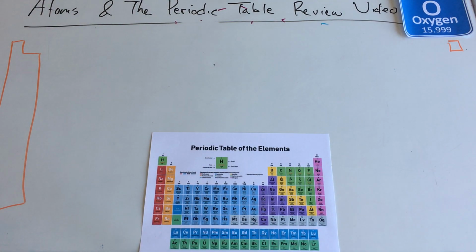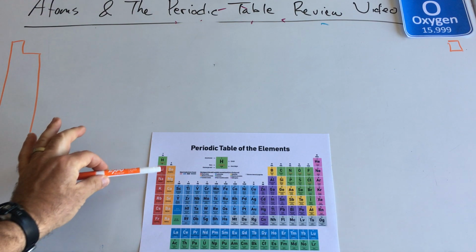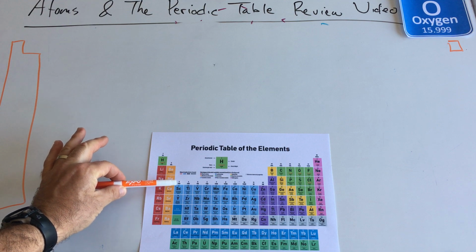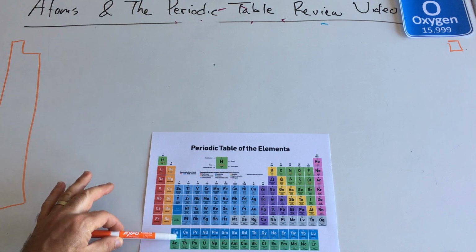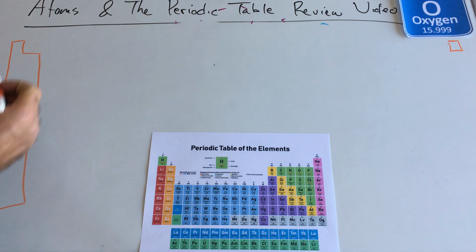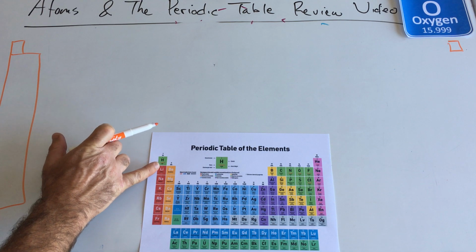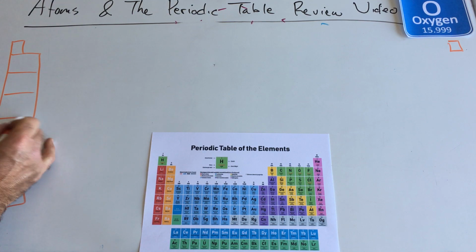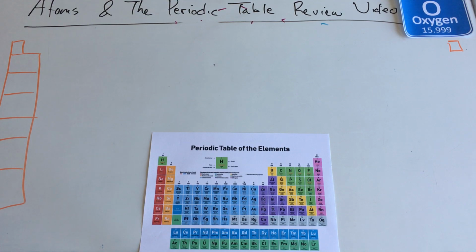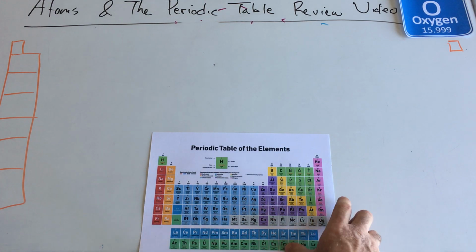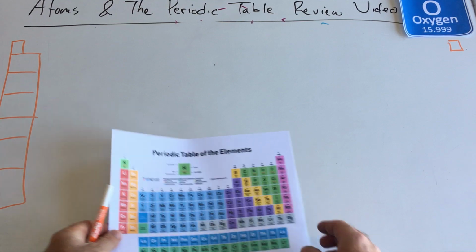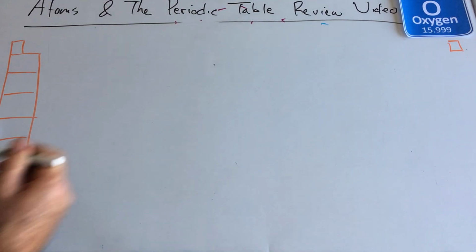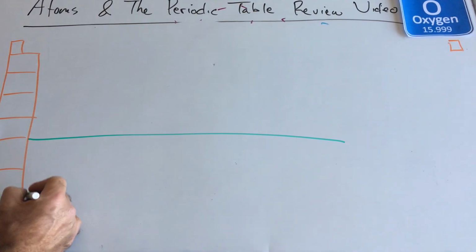So I would draw my s orbitals, and then I would drop down 2 rows and draw d. Oh wait, actually f sneaks in there. So I actually drop down, so there's 7 rows, right? 1, 2, 3, 4, 5, 6, 7. I would actually draw these f orbitals down here next. So I draw those, and there's 14 of them.